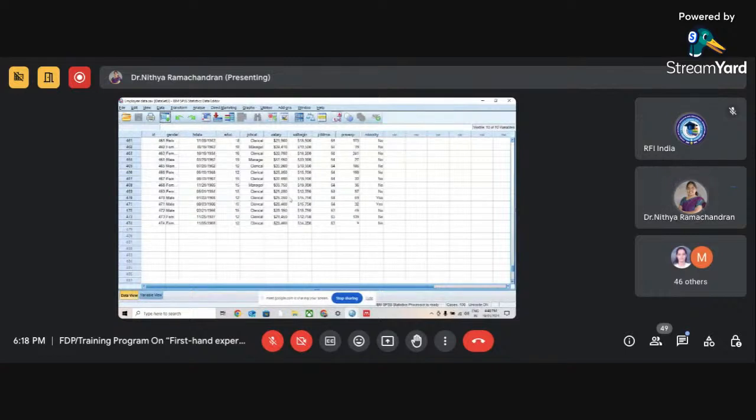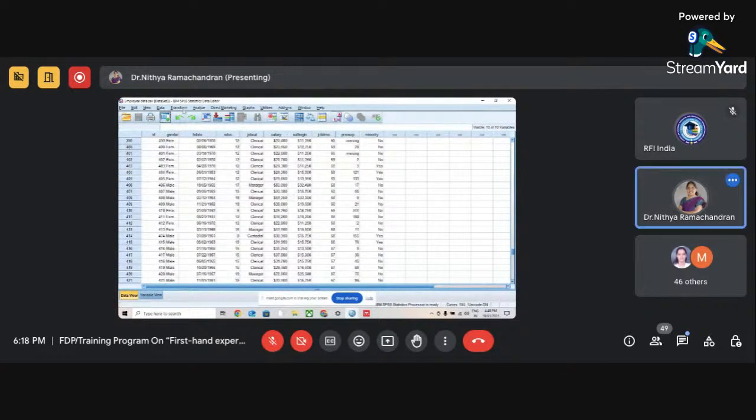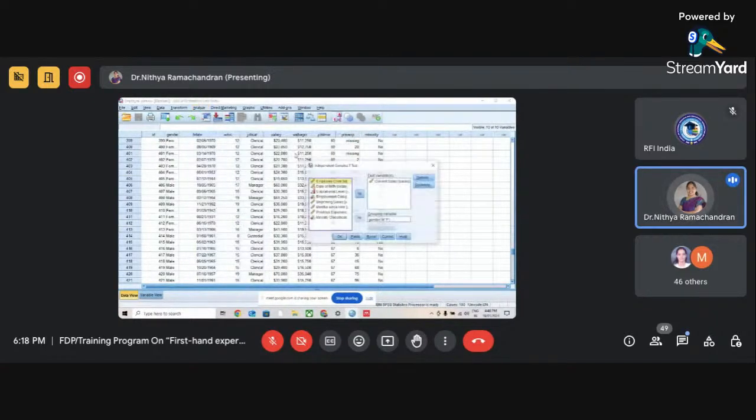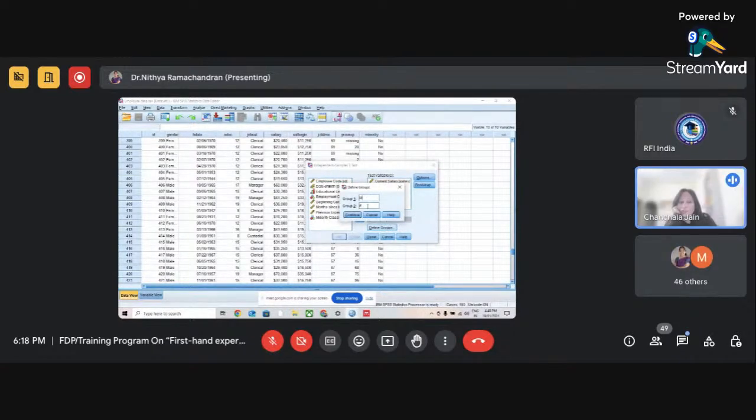Yes, ma'am. So if I go to analyze, compare means, and independent sample t-test. So here, if I move gender to the grouping variable, and here define male, female, it should be a small f, ma'am.